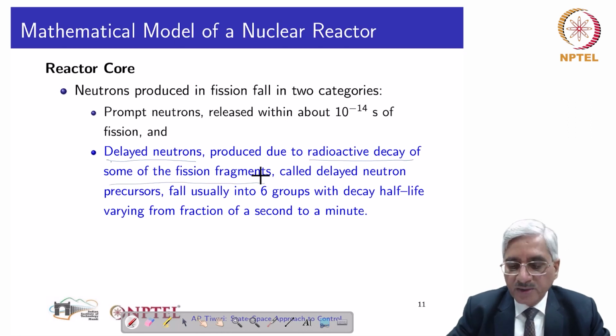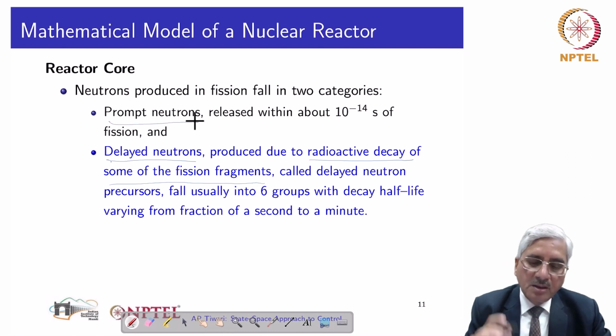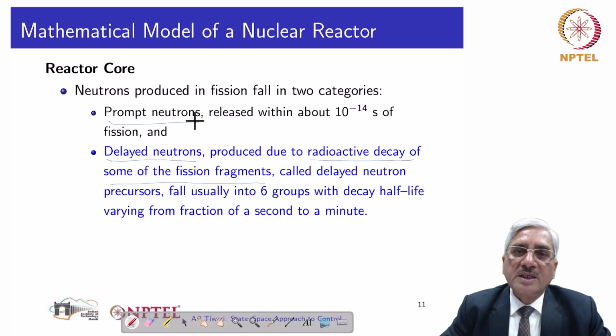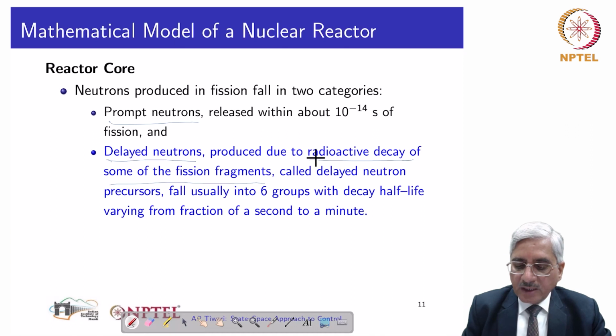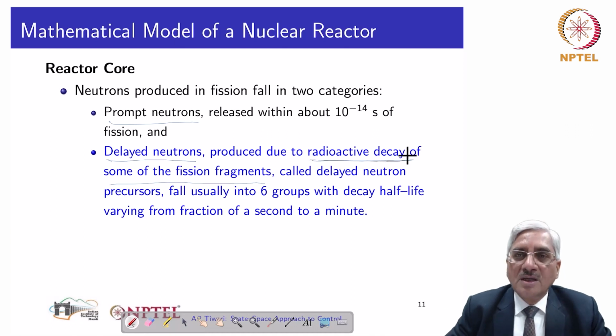As I showed a few slides previous, the compound nucleus breaks into fission fragments, and when it breaks up, it also releases 2 to 3 neutrons. The majority of them are prompt neutrons, but many of the fission fragments which are formed undergo radioactive decay, and when they decay they release a neutron, called a delayed neutron.